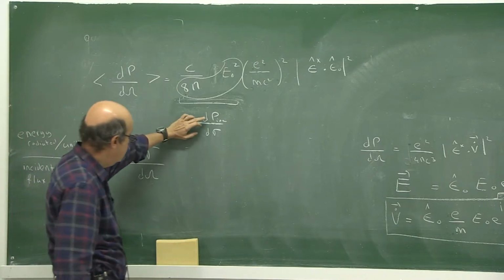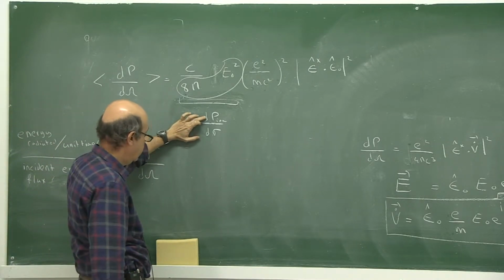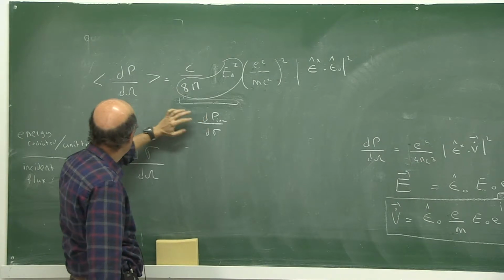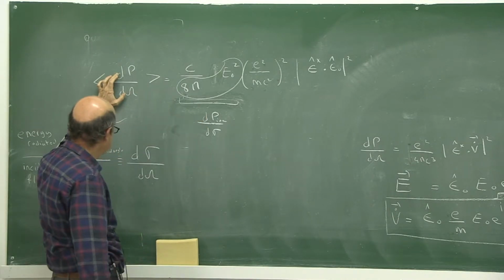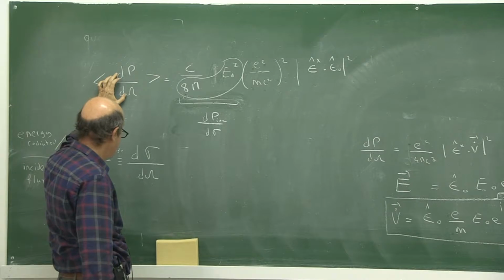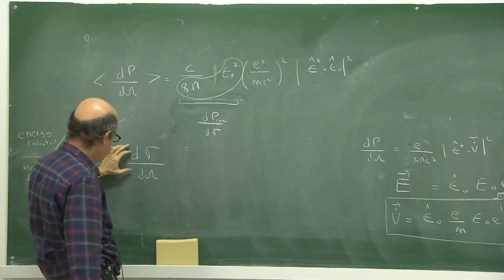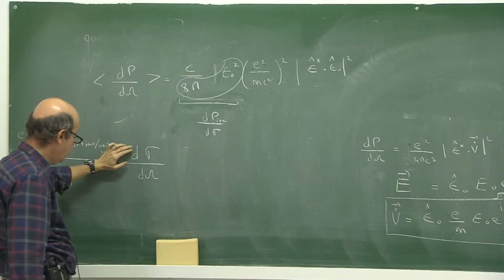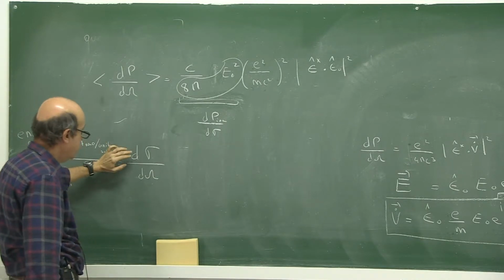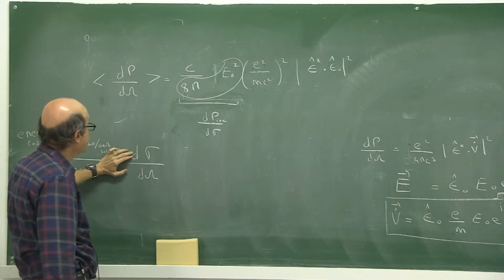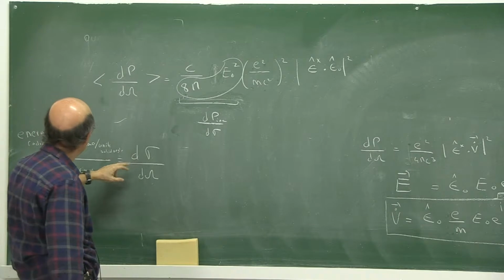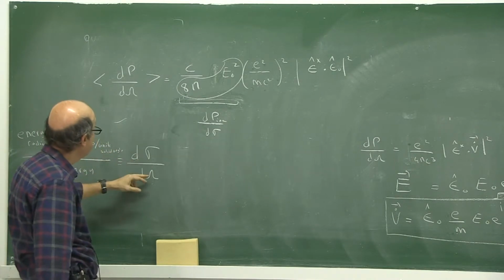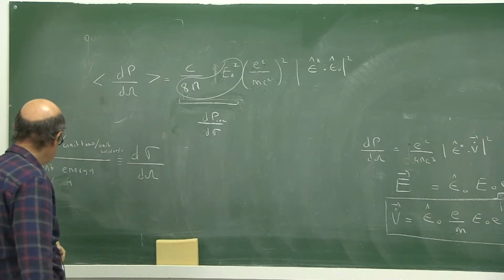Okay, so this is the incident energy per second per area. This is the radiated energy per second per solid angle, and the ratio becomes the scattering cross section per solid angle.